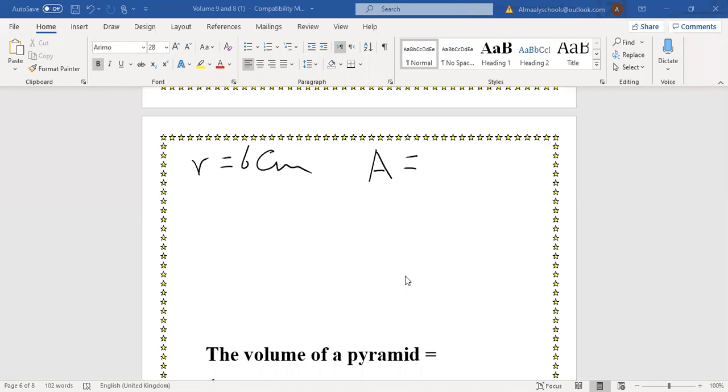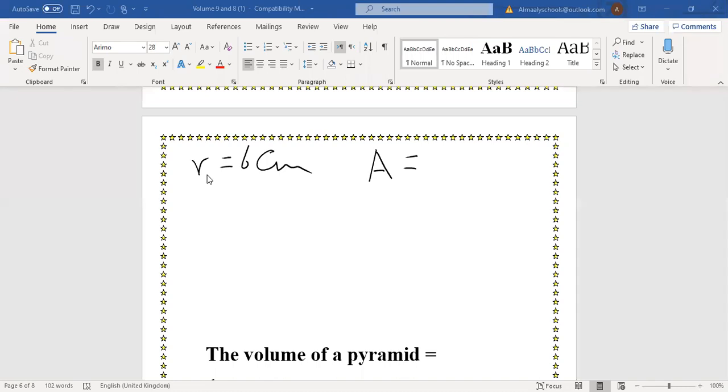Mayar, you know the rule of the surface area of the sphere, you know it? Surface area of the sphere equals what? Do you need help? Lena? Huh?